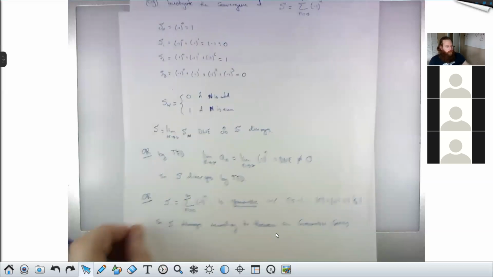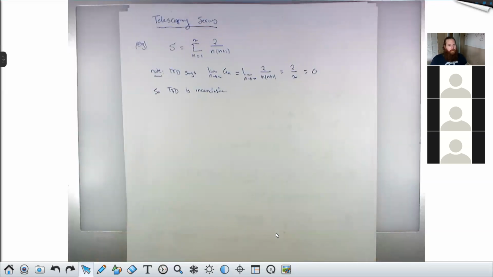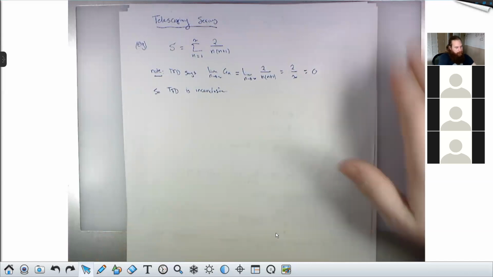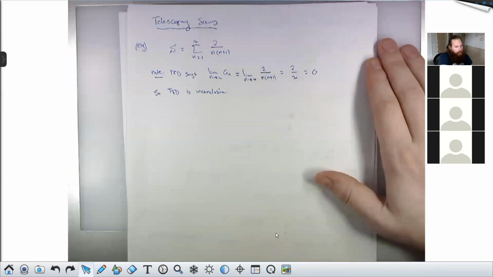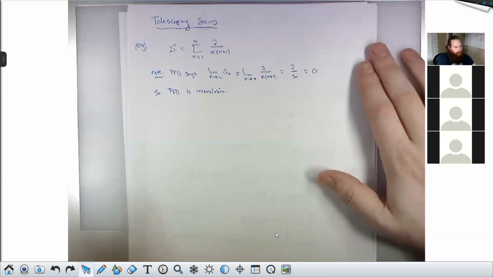All right, so we are going to move on. Telescoping series. Here, TFD doesn't help me. TFD is inconclusive because the limit of the a_n is 0.